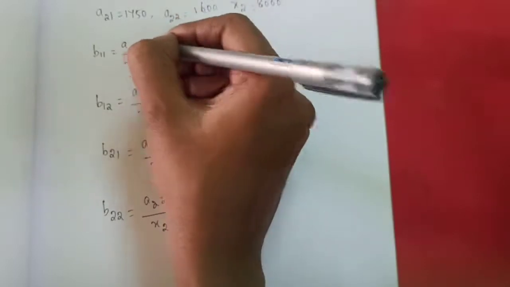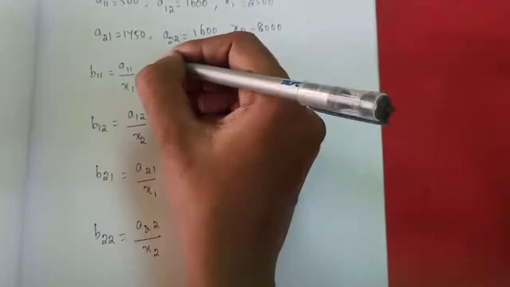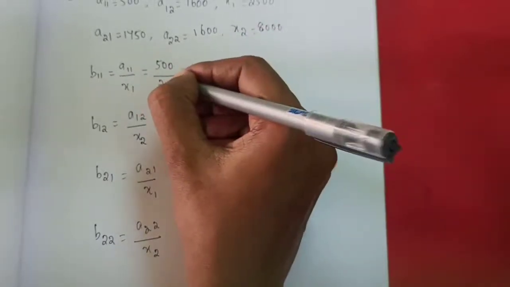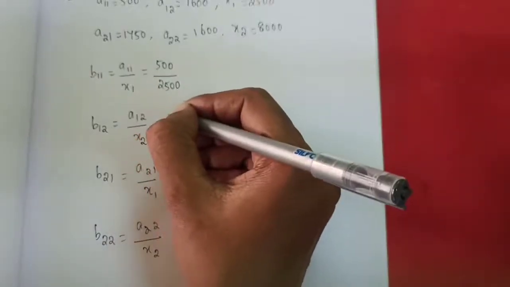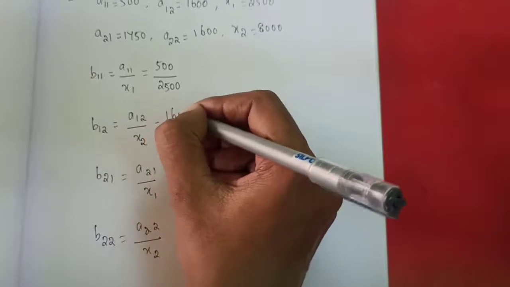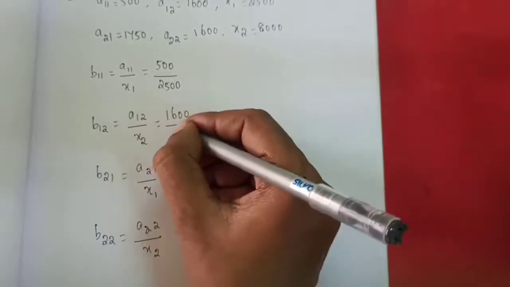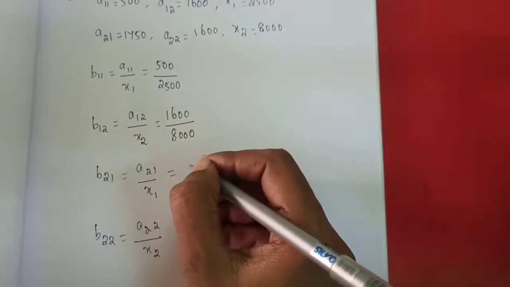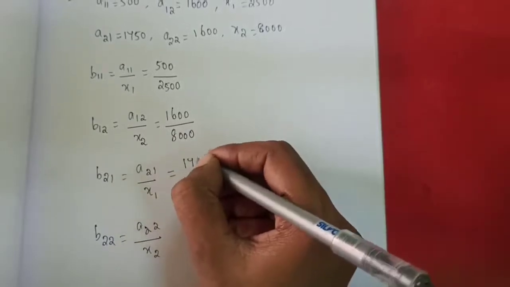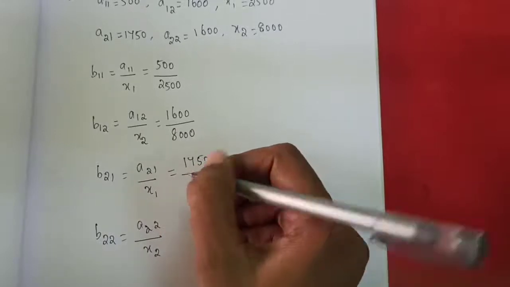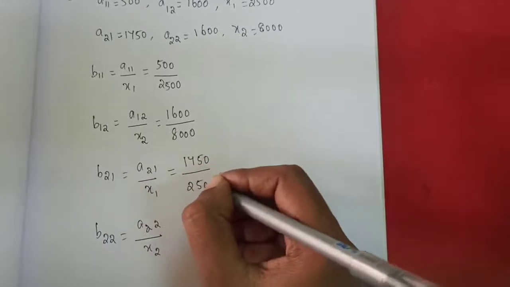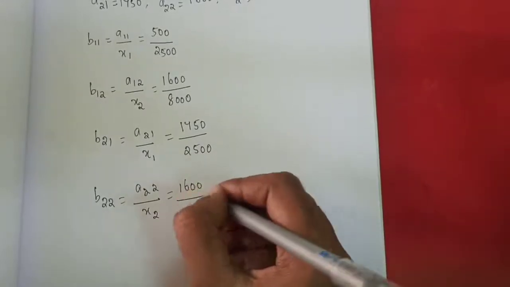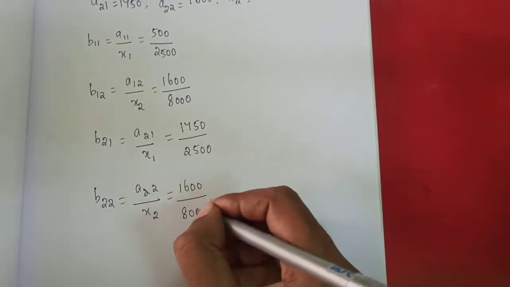Now substitute the values. A11, what's the value? 500 divided by X1, the value is 2500. A12, the value is 1600 divided by X2, the value is 8000. Then A21, the value is 1750 divided by X1, which is 2500. Then A22, the value is 1600 divided by X2, the value is 8000.